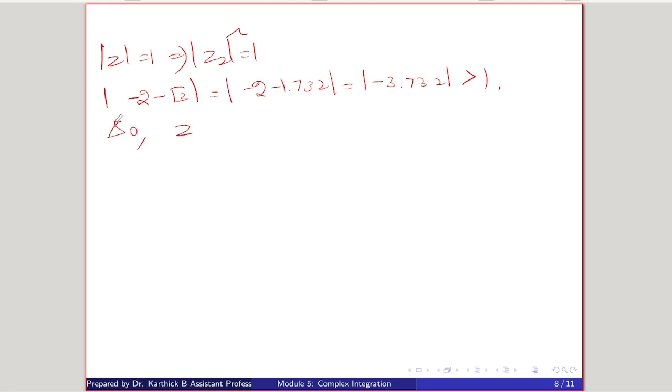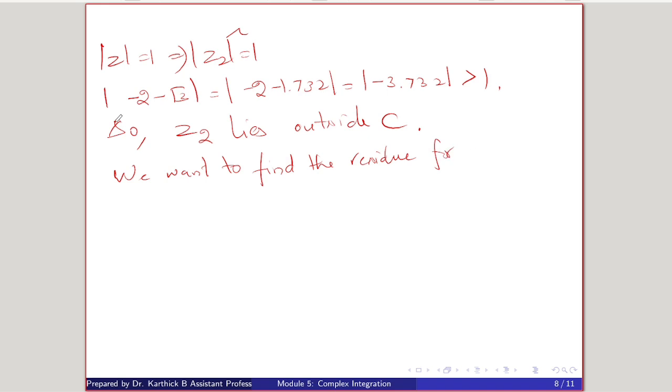So z2 lies outside C. So we want to find the residue for z1 alone.